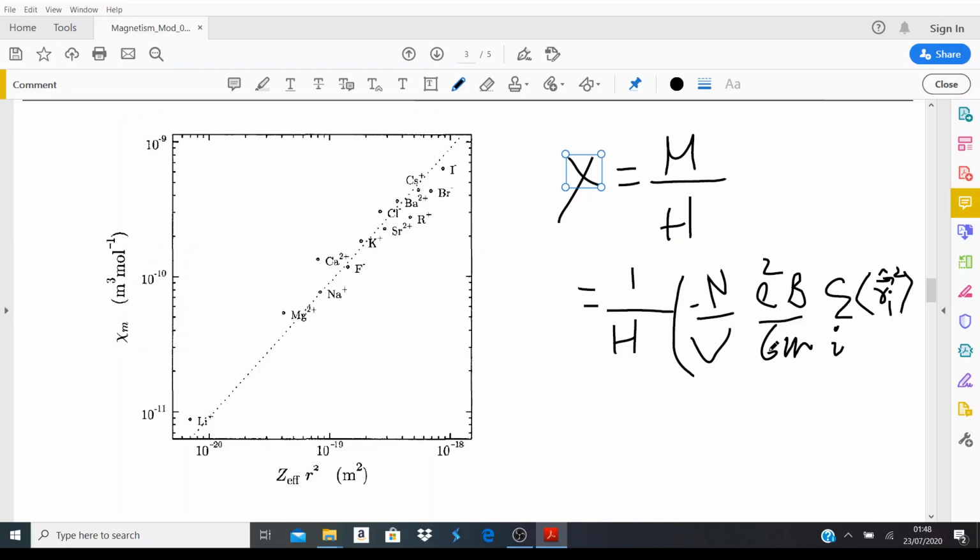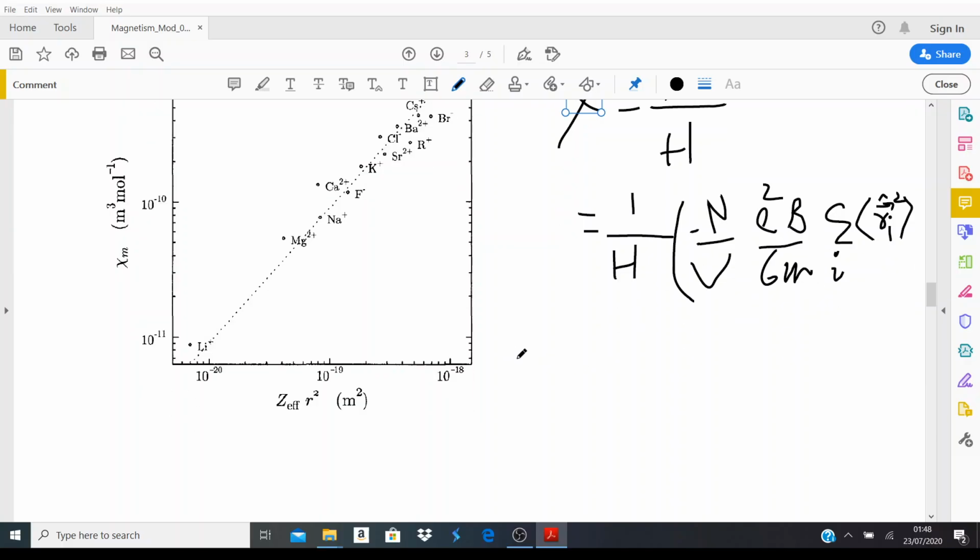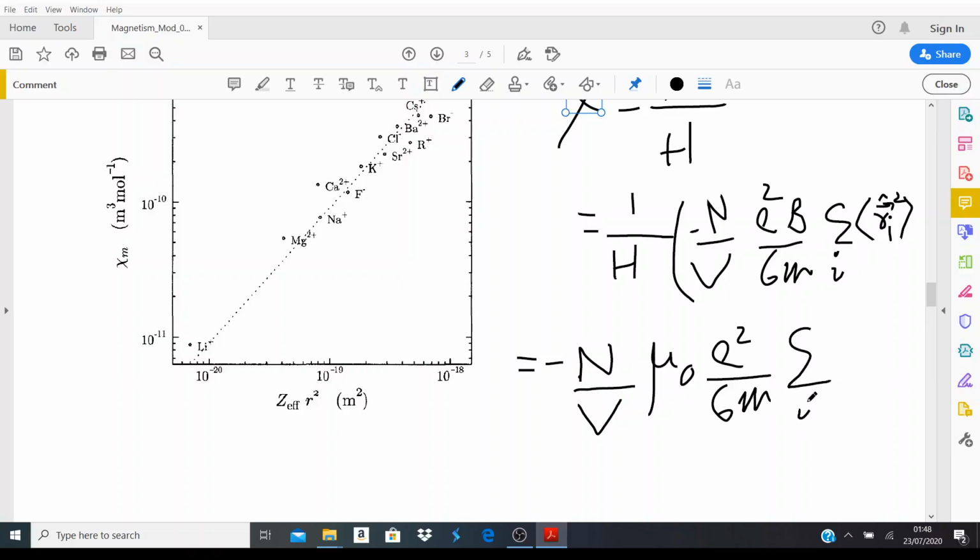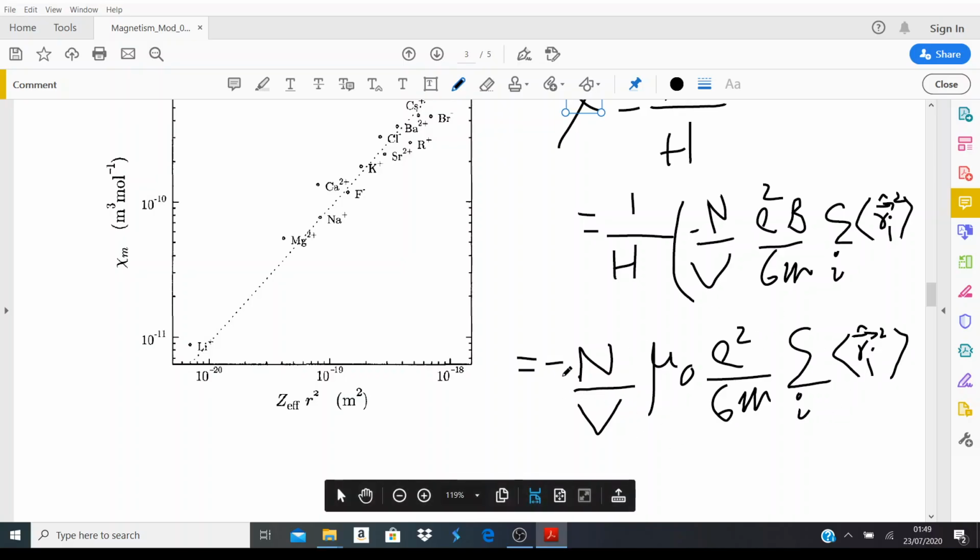And so we have an H and B here. We know B by H is mu naught, the free space permeability. So we can change this expression to n by v times mu naught, and e squared by 6m stays like this, and the sum. Now this is the susceptibility. We have the minus sign here, which represents the negative susceptibility of diamagnetism.